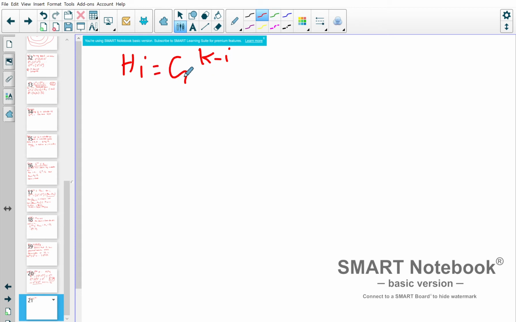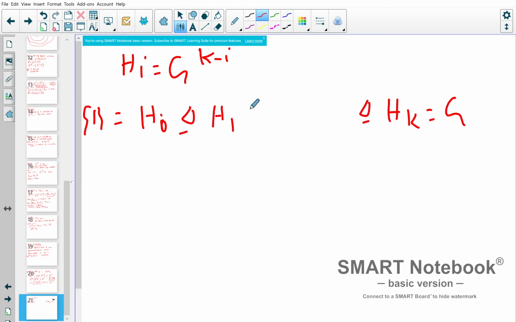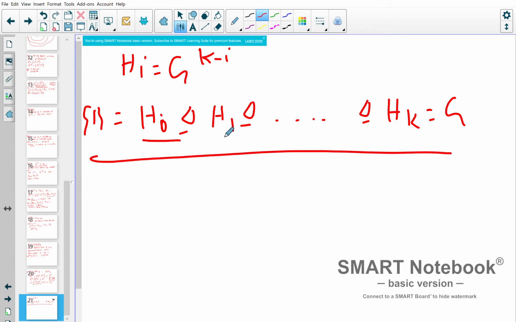When i equals 0, you have Gk, and Gk is the identity, so H0 becomes identity. When i equals k, then Hk equals G0, which equals G. So Hk is the full group. So the normality is okay.